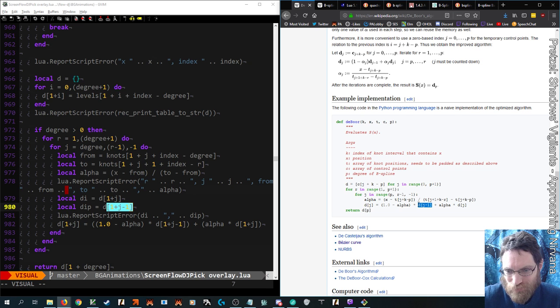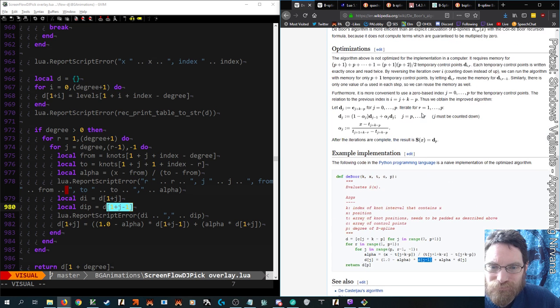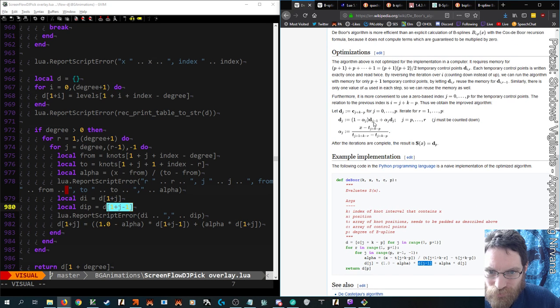Is that supposed to be j plus 1? The next point rather than the previous point? That's the alpha. That says j minus 1 too. Oh, this has a specific definition for j equals 0, but shouldn't that show up here? So this is sort of setting up j equals 0.